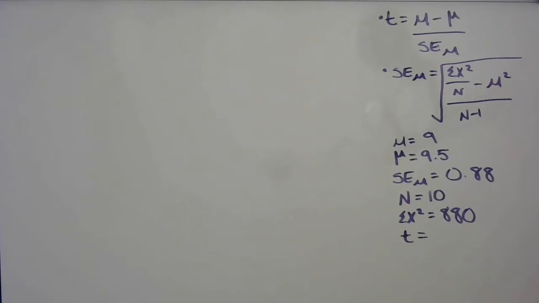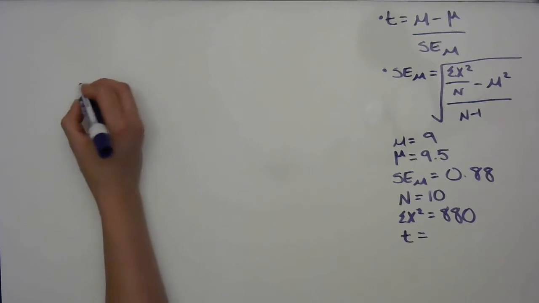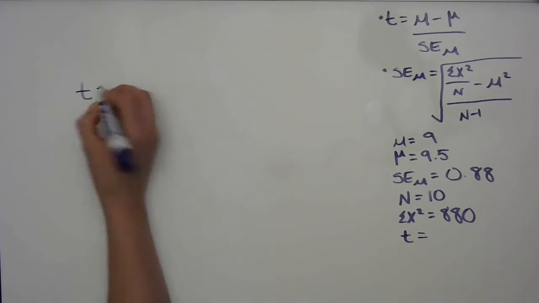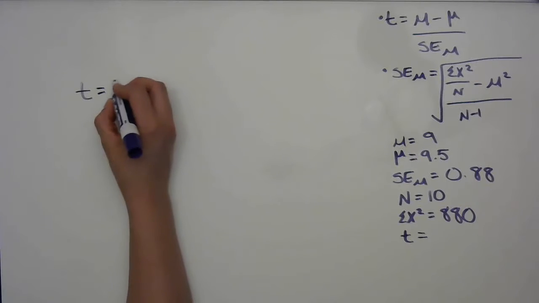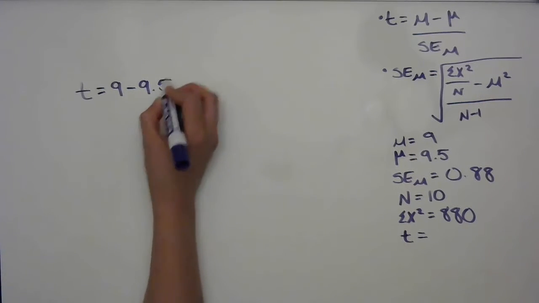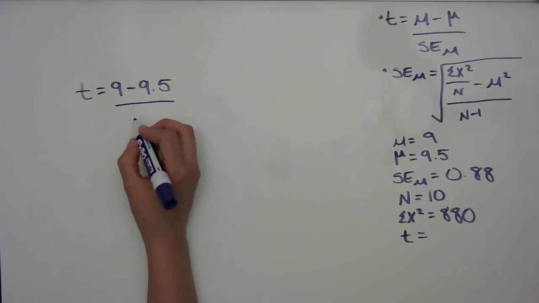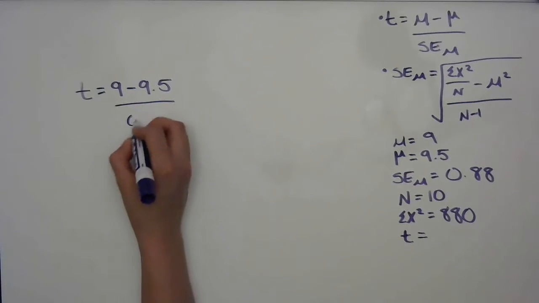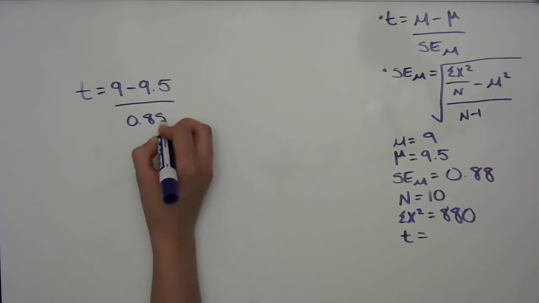Okay, next let's go ahead and figure out our t-score. So t equals, let's just plug those values in. The mean is 9. The mu is 9.5, and then we have our calculated standard error of the mean of 0.88.